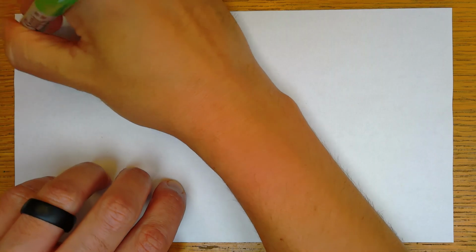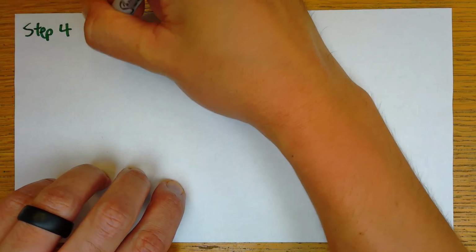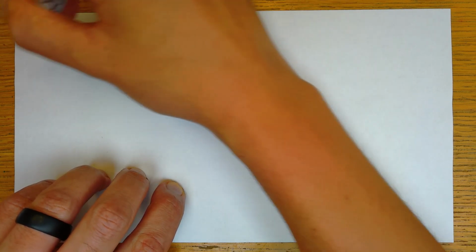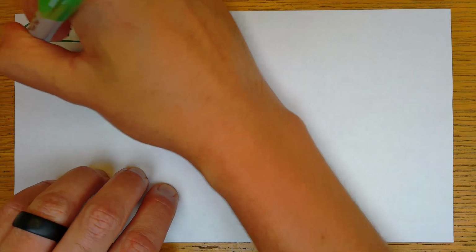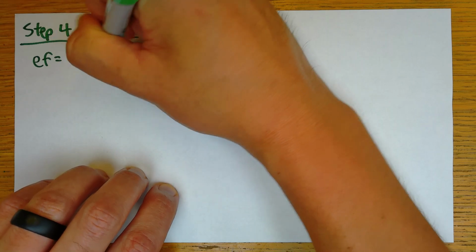Let's continue. Step 4 is to calculate the empirical molar mass. We want to calculate the molar mass of the empirical formula. Our empirical formula was CH2O.